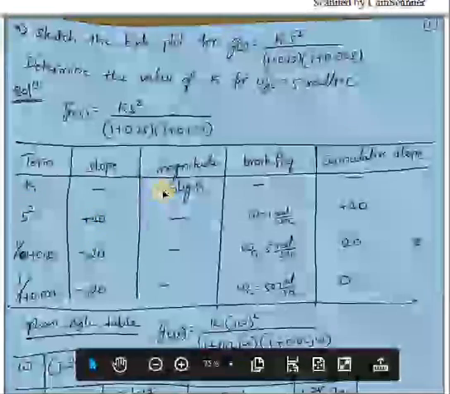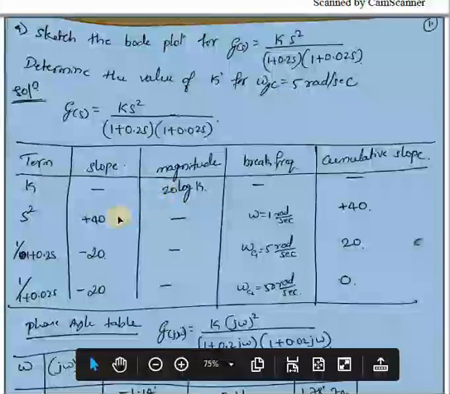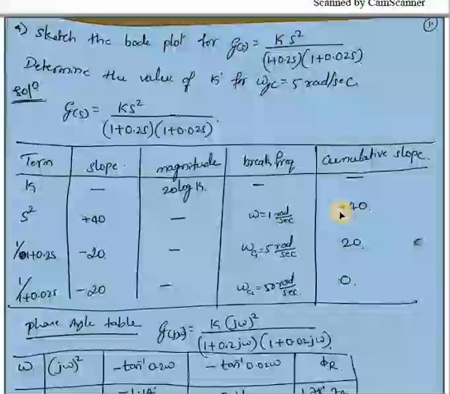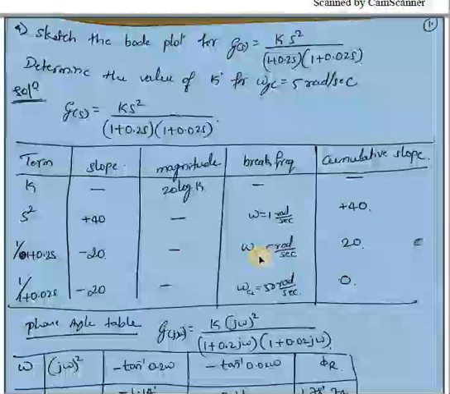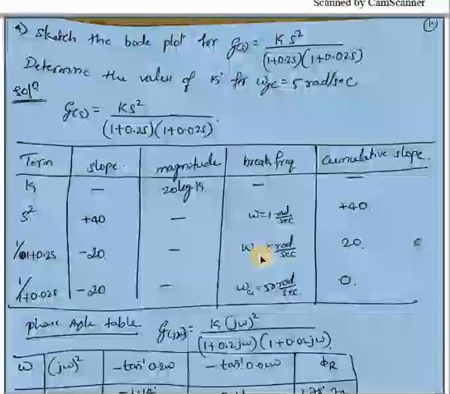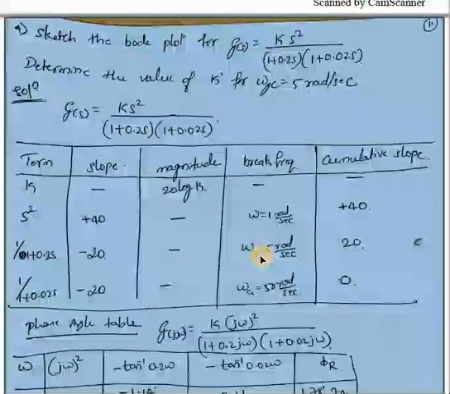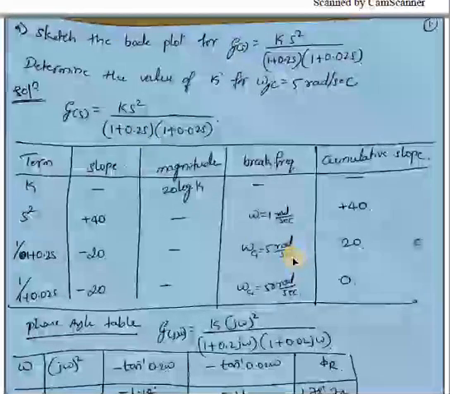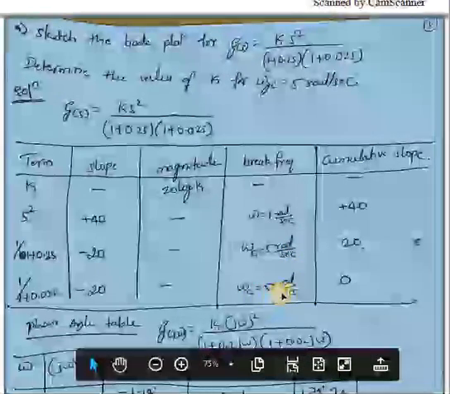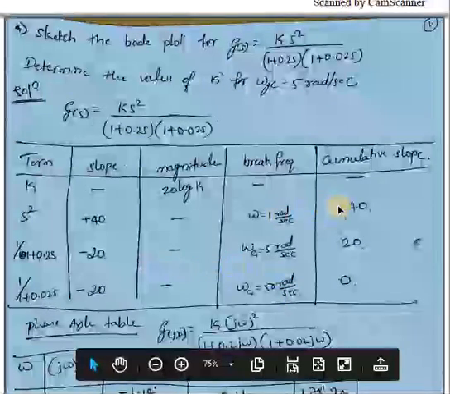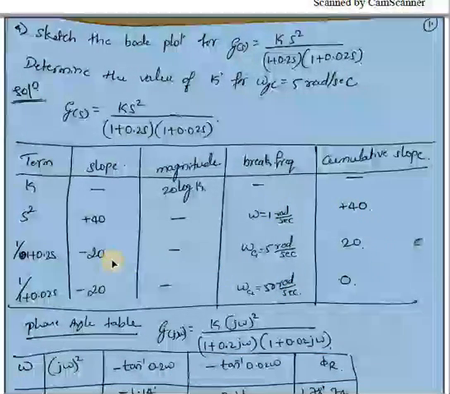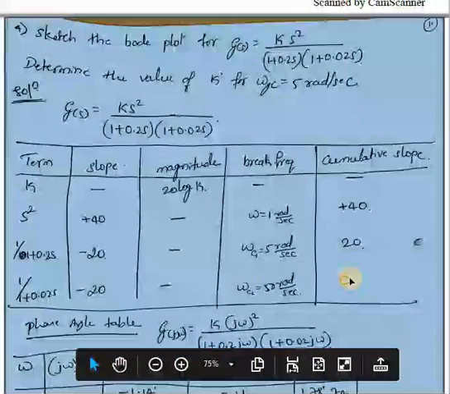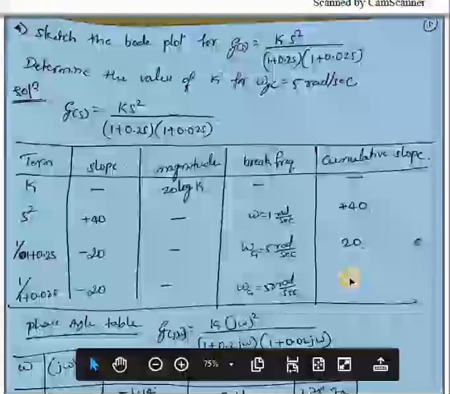K is unknown, so the magnitude will be 20 log K only, and the frequency will be 1 radian per second with plus 40 as the cumulative slope. The second frequency, omega c1, will be 1 divided by 0.2, because T1 is 0.2 here, so it is 5 radian per second. Similarly omega c2 will be 50 radian per second. The cumulative slope, plus 40 minus 20, will be 20, and 20 minus 20 will be 0. So the 0 slope is for the last term.